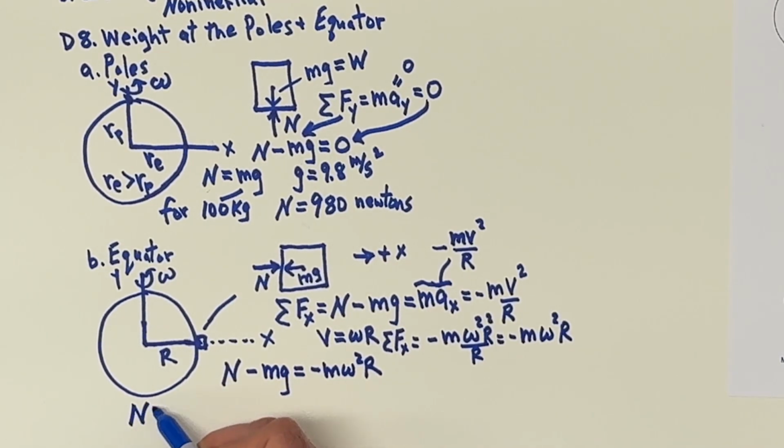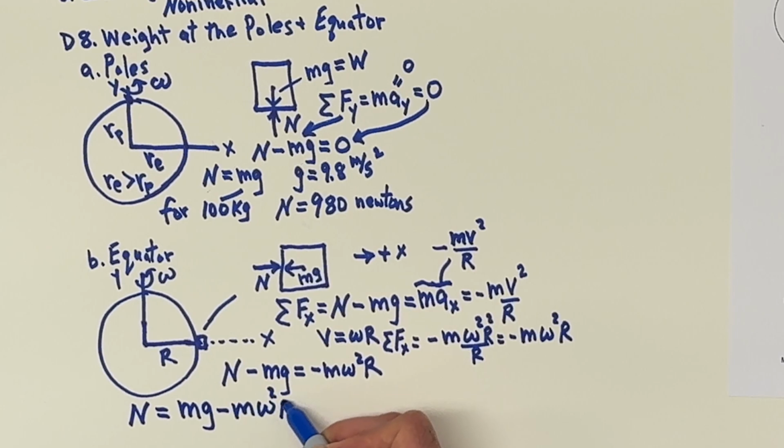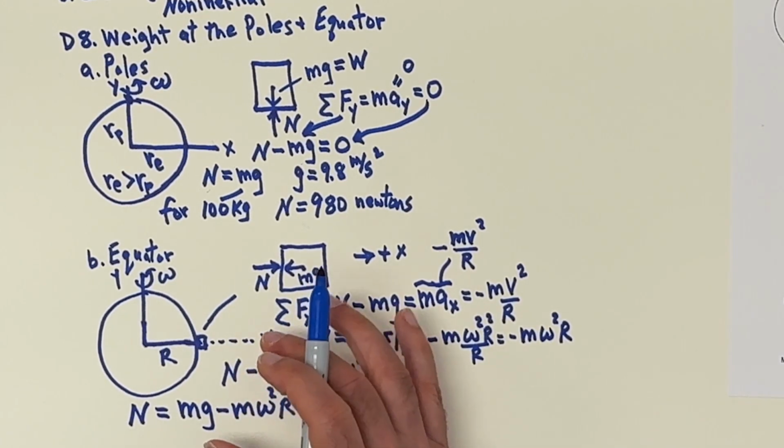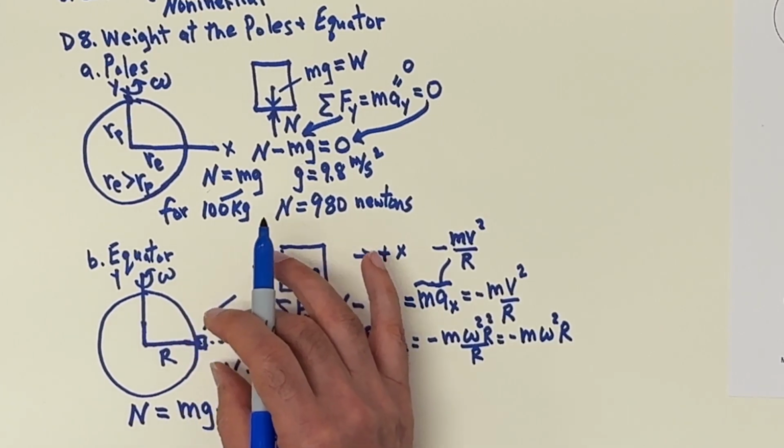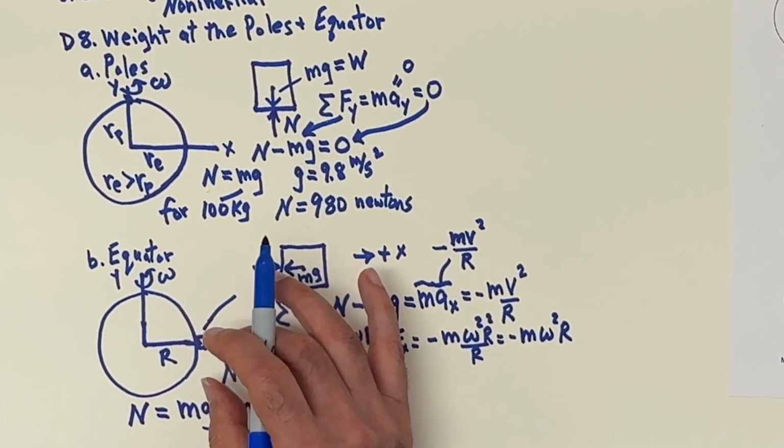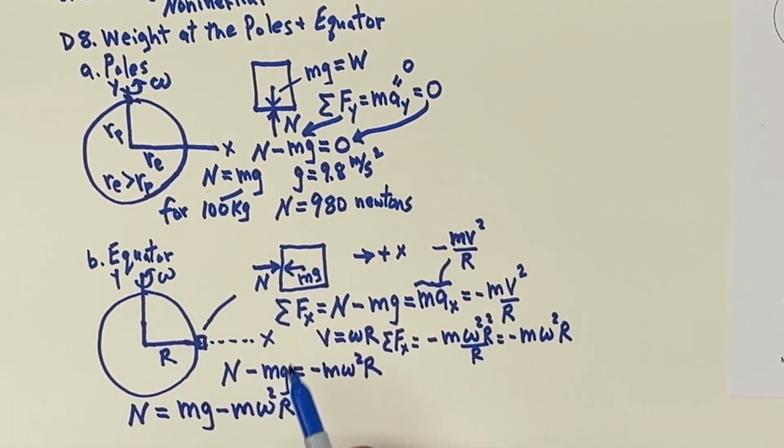Let's go ahead and solve for the scale reading. That's going to be mg minus m omega squared r. In other words, you're going to weigh a little less. And if you're standing there, you could say, although physicists don't like to say it this way, that throwout force eases up on the scale.